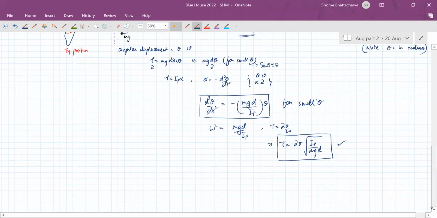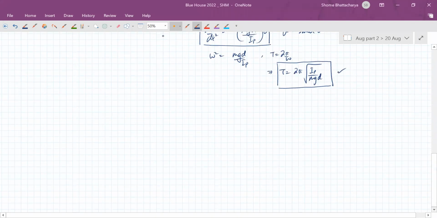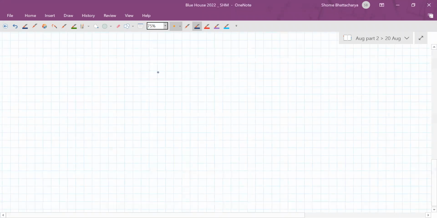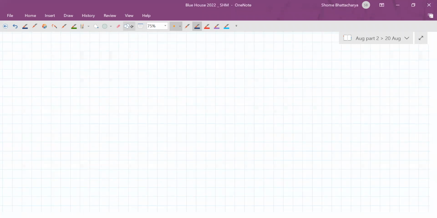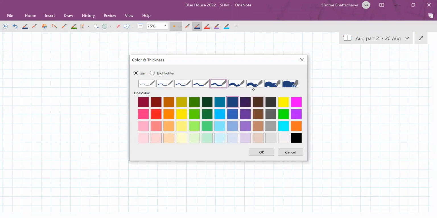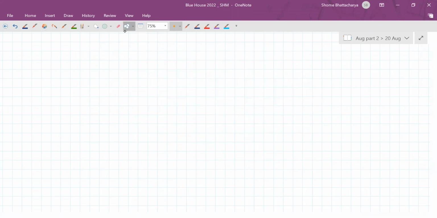Right. Let's look at an example. It will be a little bit about the application of rotational mechanics concepts. Let's take something typical.